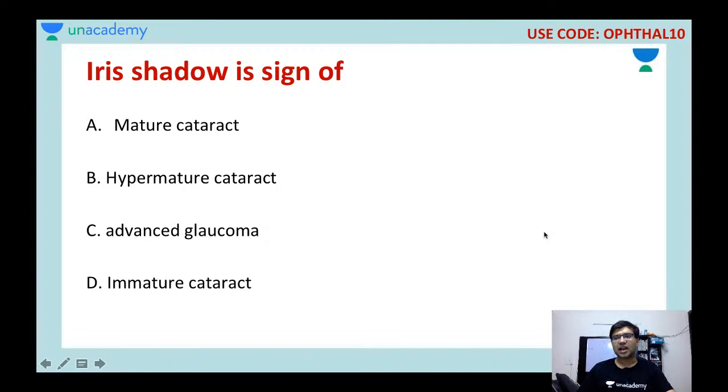Next question is, iris shadow is a sign of which of the following? Your options are mature cataract, hypermature cataract, immature cataract.